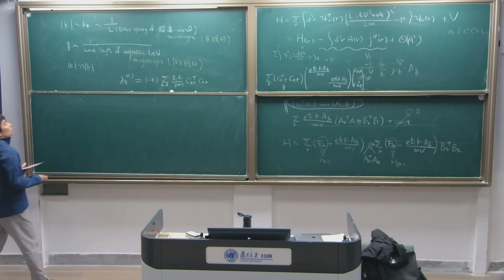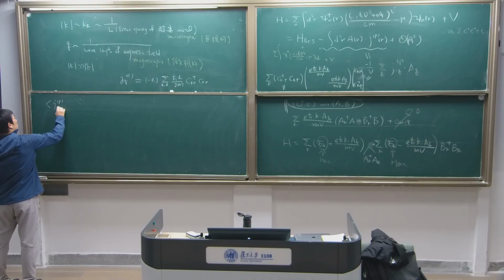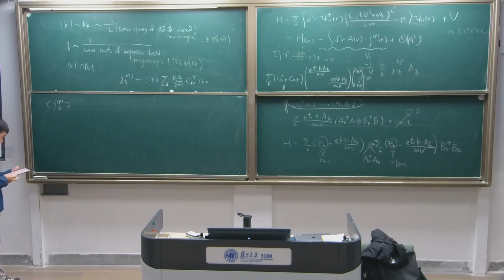So now, what we are interested in is that we just want to have J of Q, the expectation value of this.